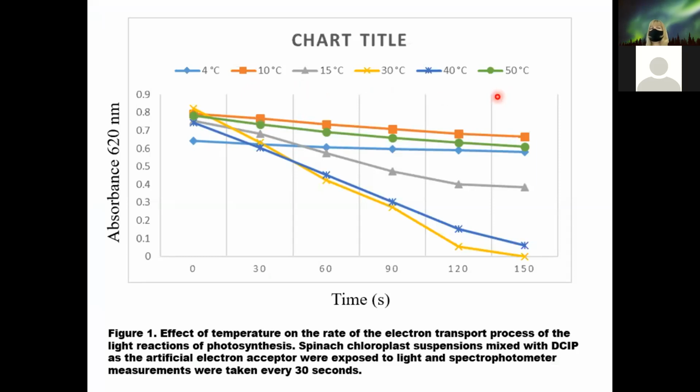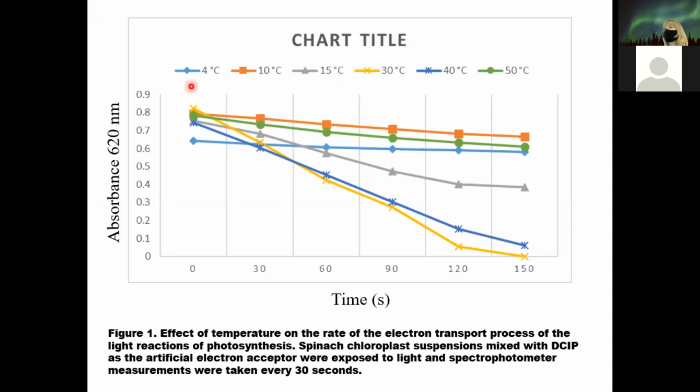So these reaction tubes were held at these temperatures under the light, and then spec readings were taken every 30 seconds. There are 1, 2, 3, 4, 5, 6 different reaction tubes that this group made up. This particular tube was kept at 4 degrees, but every 30 seconds the absorbance values were taken.